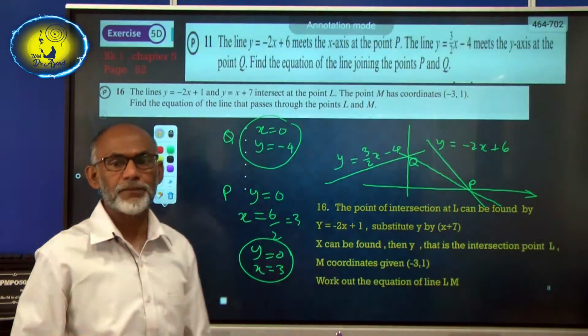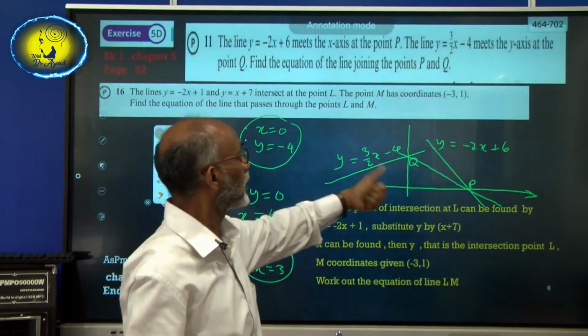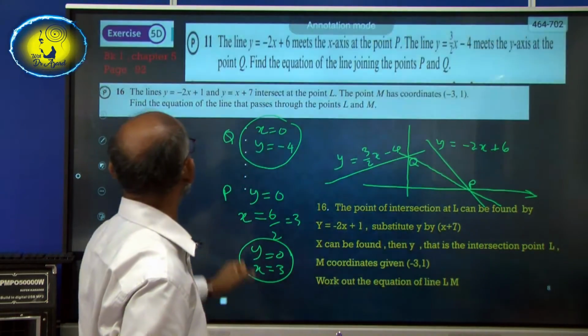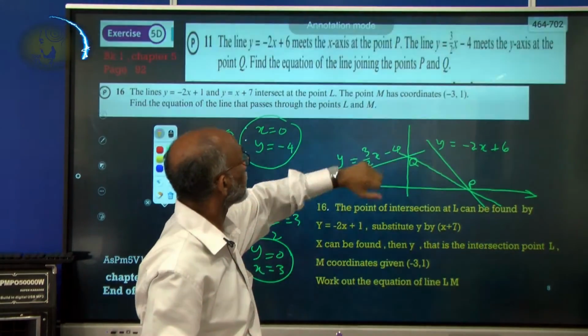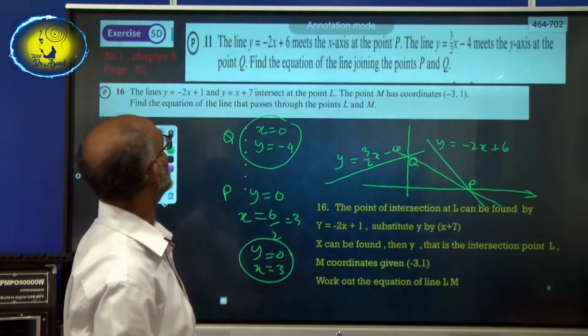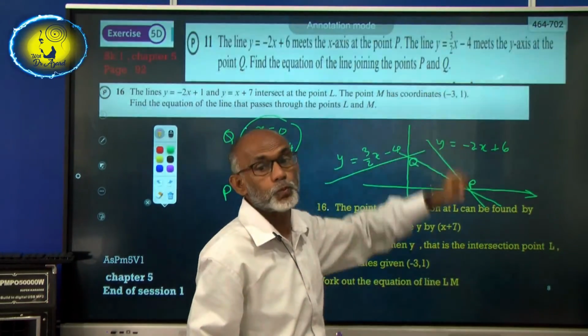So we have identified the coordinates of P and Q. Find the equation of the line joining P and Q.